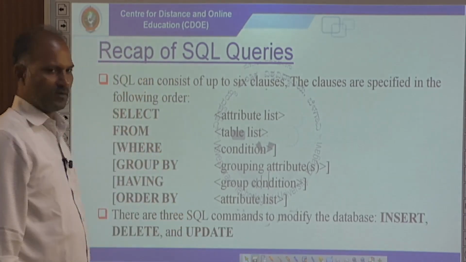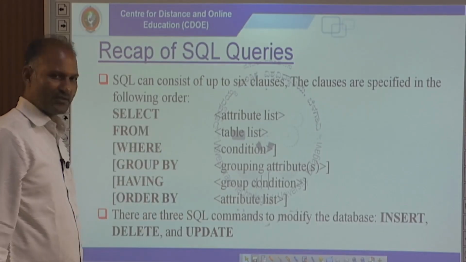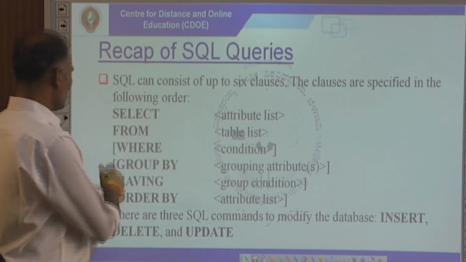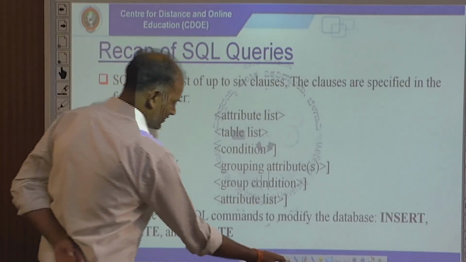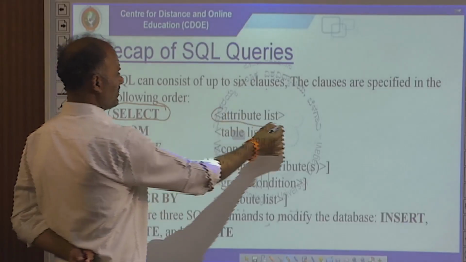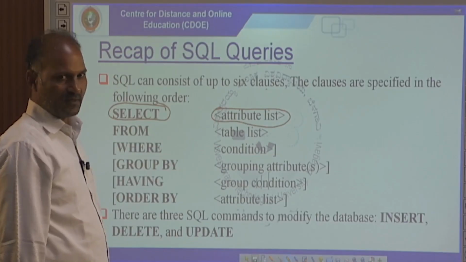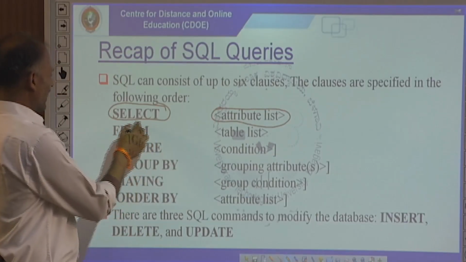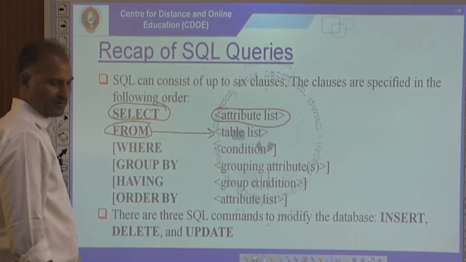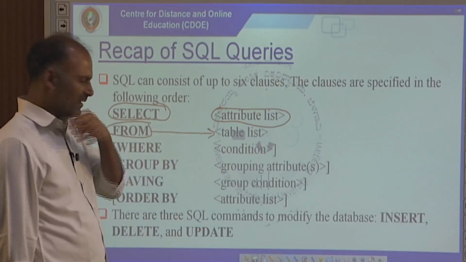So this is the order of execution. When you write any SQL statement, the SQL engine is going to follow this order. Always you need to write the select clause first, then mention the attributes, or say the field names, from the table. Next is the from clause, where you specify the tables, which may be multiple tables.